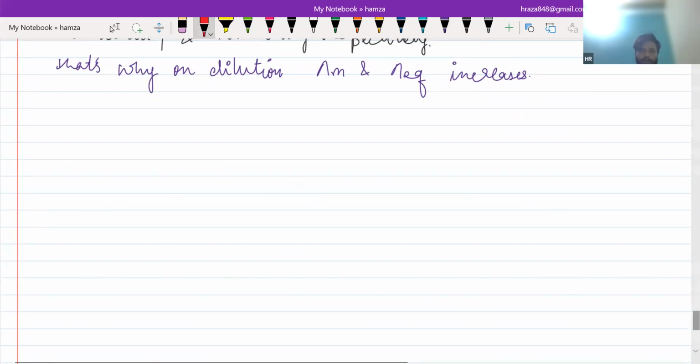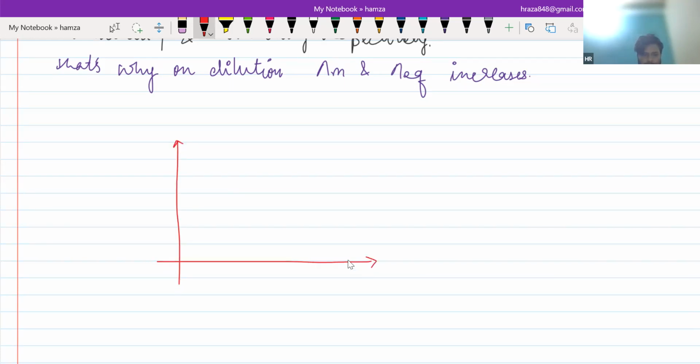So basically, we have a graph here. The graph is very easy. The graph of variation.